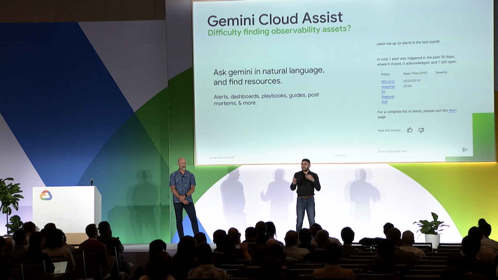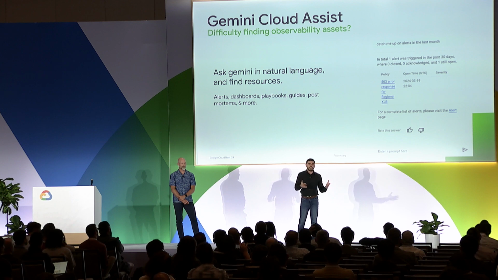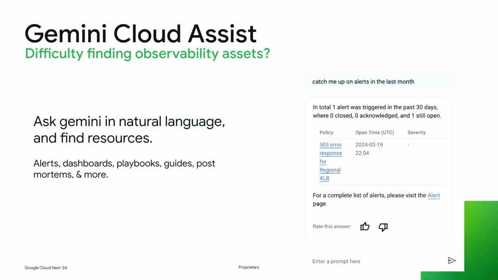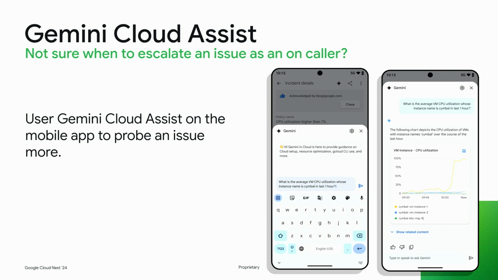This ease of use is going to lead to a change in behaviors, and that behavior is going to evolve the troubleshooting journey, which basically means a bit more of a shift left mentality. If we go to the next slide, we recently offered mobile app support, or mobile app PMs right over there. Hello, Camille. And mobile app support for these Gemini experiences. As the ease of use improves, you're going to be able to troubleshoot on your phone before escalating to your laptop when there is an incident.